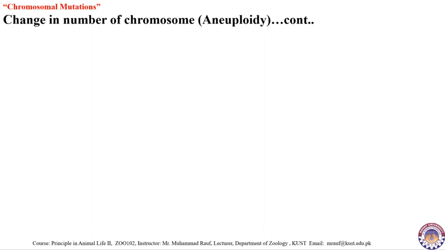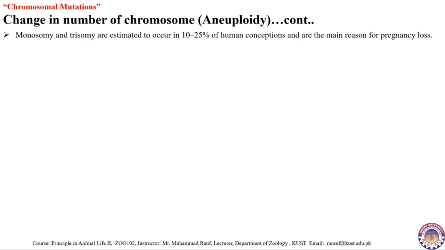Change in number of chromosomes continues. Monosomy and trisomy are estimated to occur in 10 to 25% of human conceptions. This means there is a probability of 10 to 25% in every conception that such an error will occur, and it usually results in pregnancy loss.